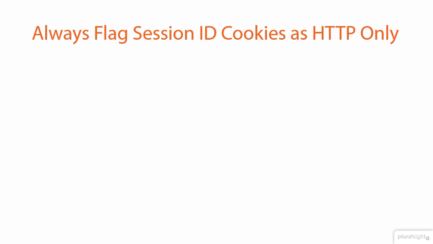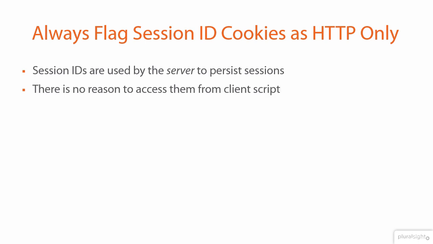And the real issue here comes down to the fact that the client could access the session ID cookie, so the browser could. Now the thing is, session IDs are really there as a server-side construct. It's for the server to persist sessions, and there's absolutely no reason that the client needs to access it.